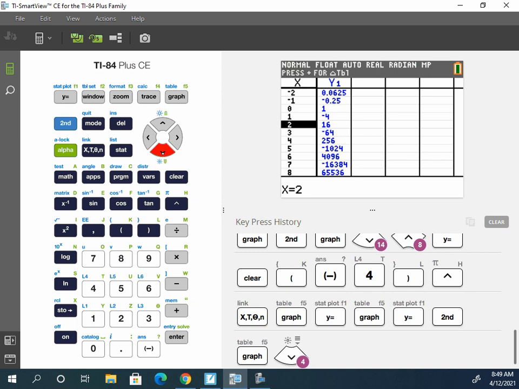So it doesn't want to graph it because it's not an actual function, so it has issues with it.